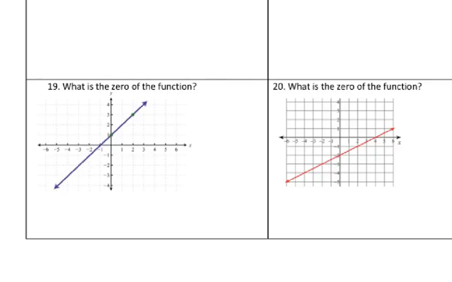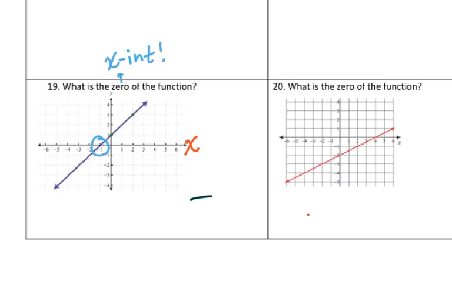So these past 2 weeks, we've been saying a 0 is another word for an x-intercept. Your 0 is very simply your x-intercept. So if I look at this graph, here is my x-axis. Here is where the blue line crosses the x-axis. You don't even have to write it as an ordered pair.